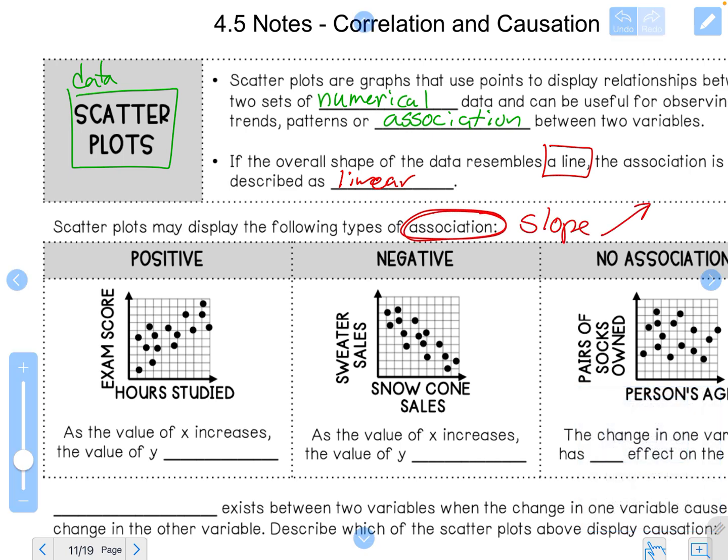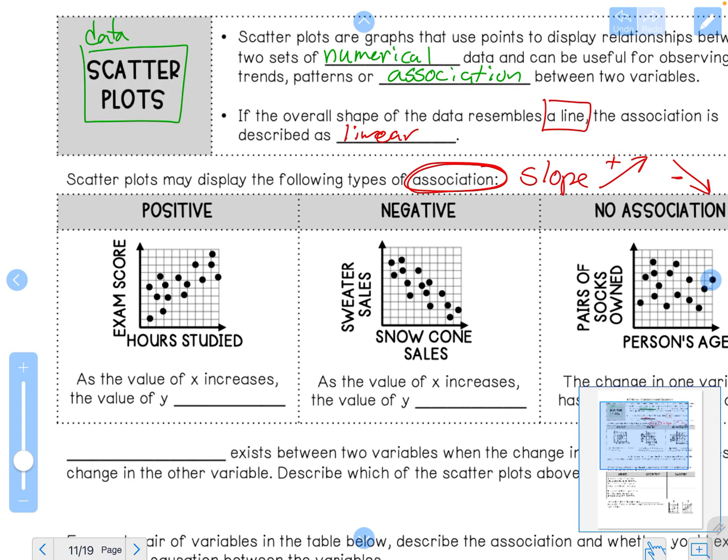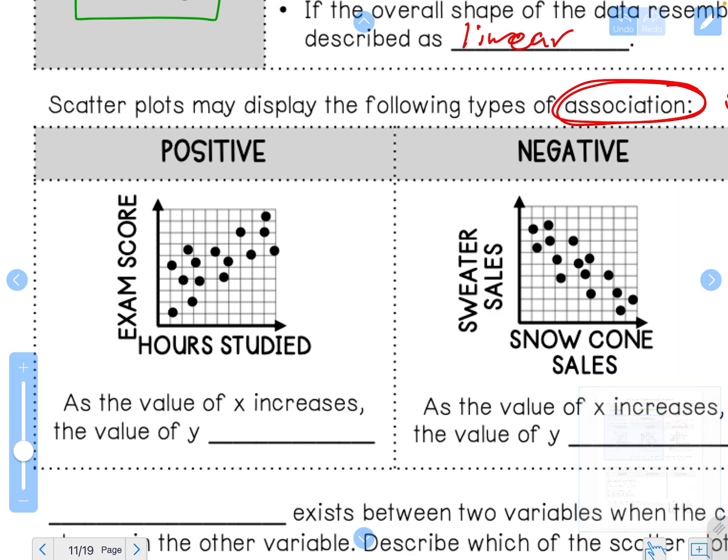Is it positive and going uphill, or is it negative and going downhill? Or is there no line at all, so there is no association? If we were to draw a line as close as we could in the middle, this would be positive. Again, think slope.